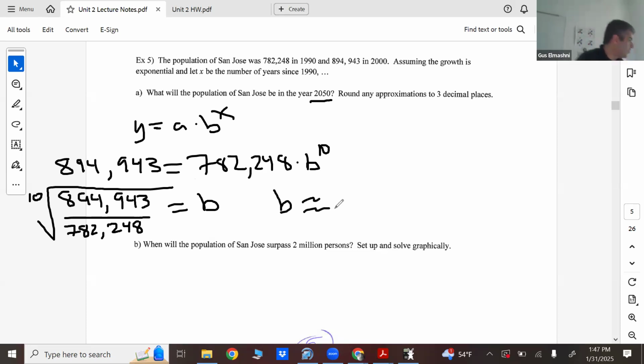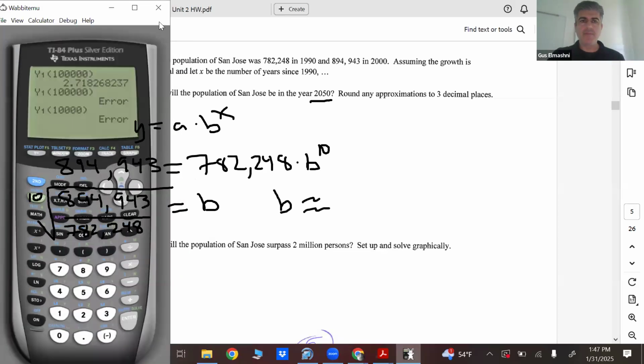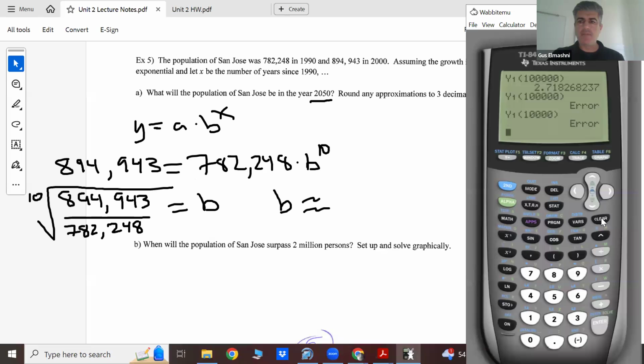So I'm going to use a calculator to do that. And then you just stick that in the thing, and you put 782 as the initial. So by the way, I don't really have to do a 10th root. I could raise it to the 1/10 power.